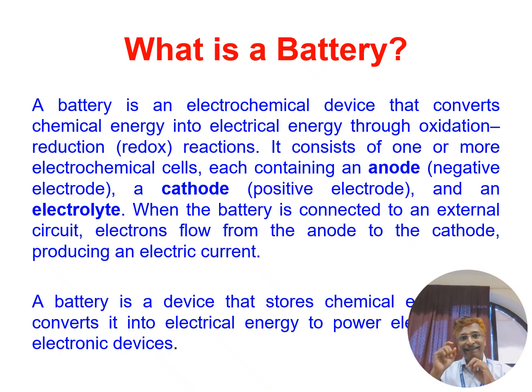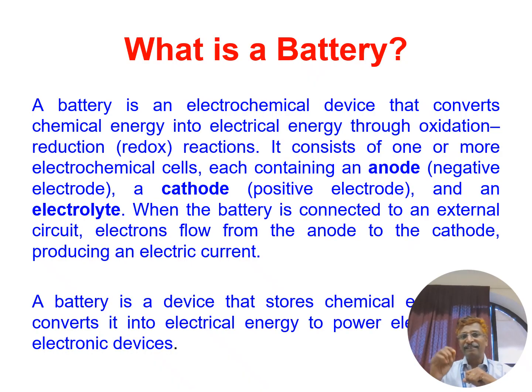A battery is an electrochemical device which converts chemical energy into electrical energy through redox reactions. It consists of one or more electrochemical cells, each containing an anode, that is the negative electrode, a cathode, that is the positive electrode, and an electrolyte.